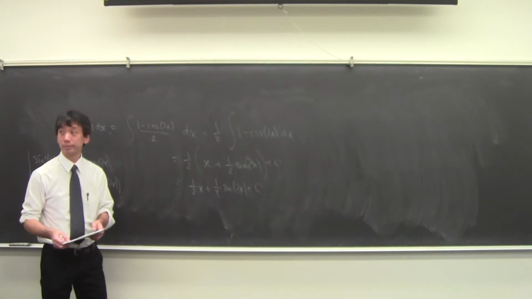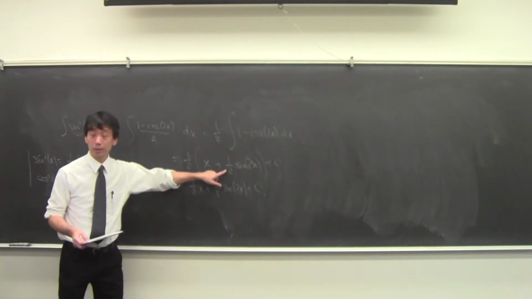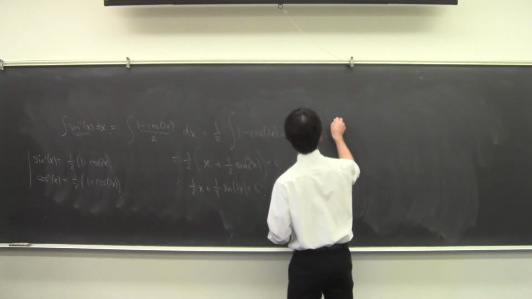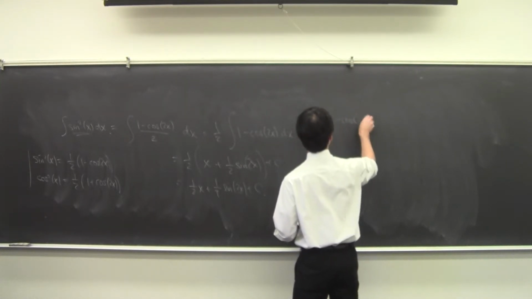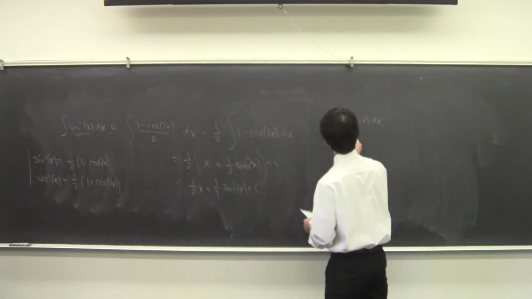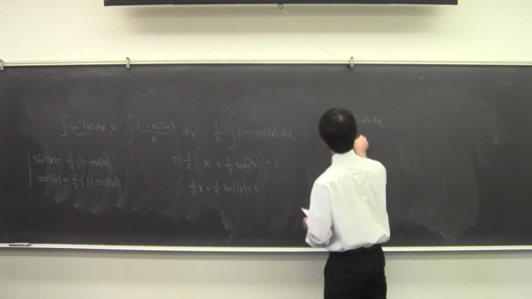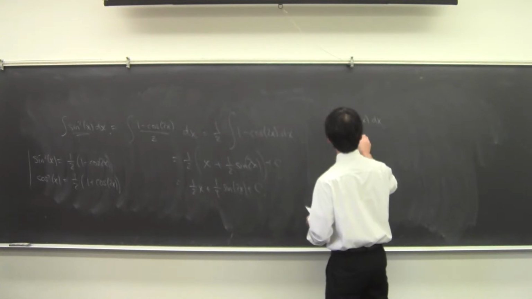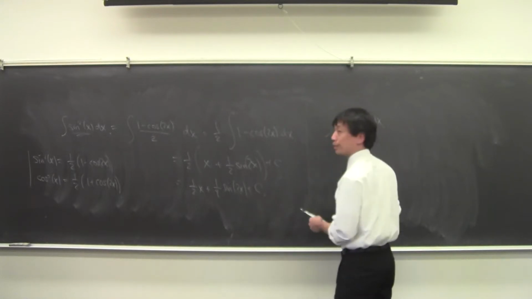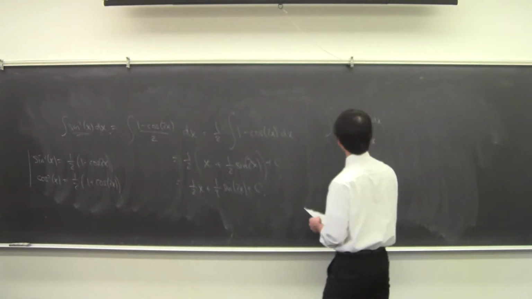Can you explain the 1/2 again? Yeah, because you're integrating negative cosine 2x, so you take your u to be 2x.